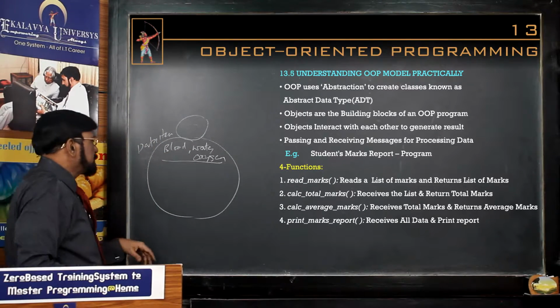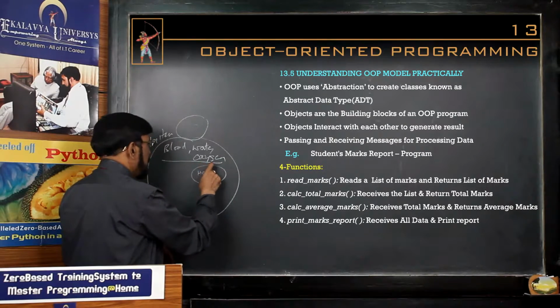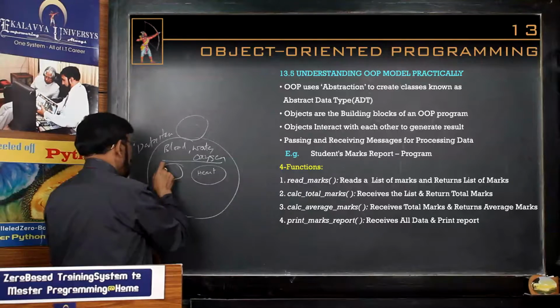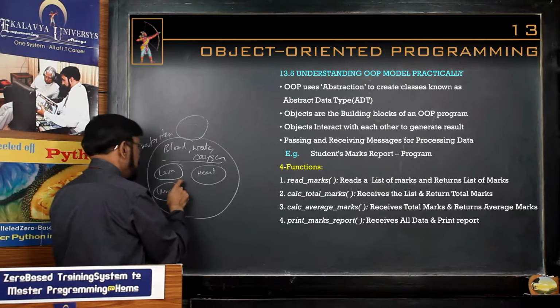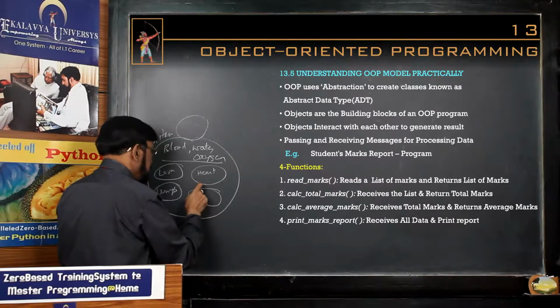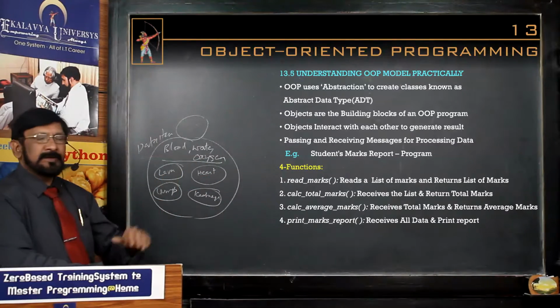And there are certain functions. What are those functions? One is heart, other one is liver, third one is lungs, fourth one is kidneys. Liver, heart, lungs and kidneys.